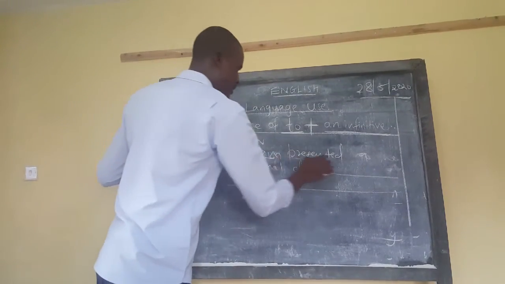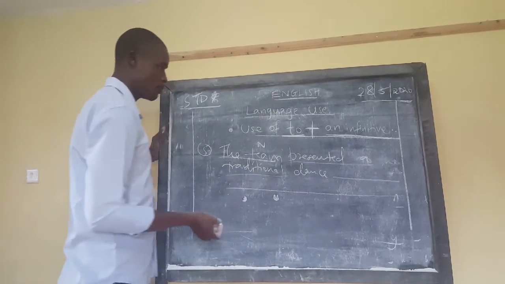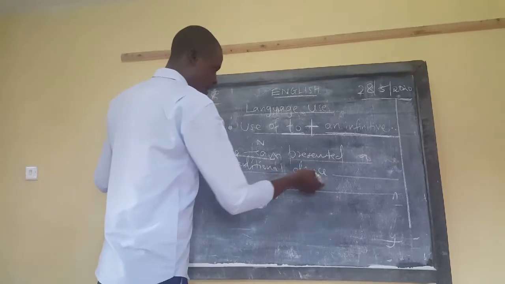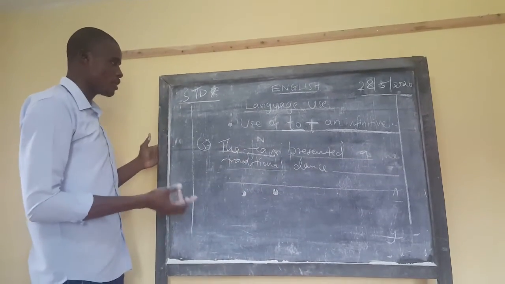So all this here is the nominal group, and then after this we need to add a to somewhere and an infinitive. So which one can fit there?